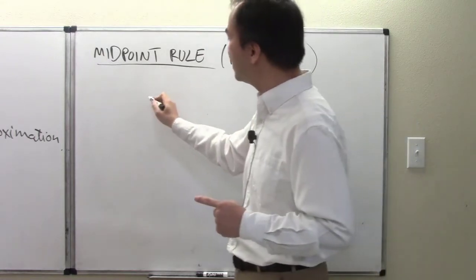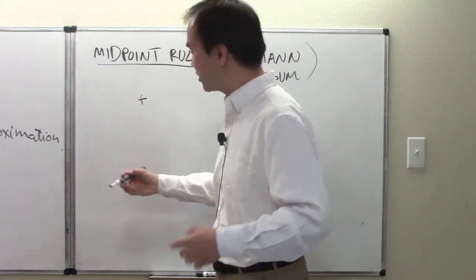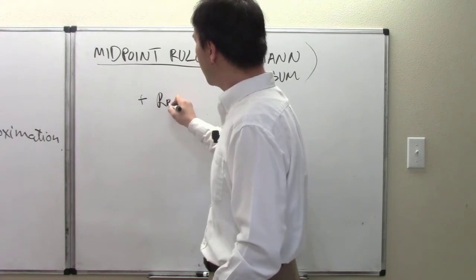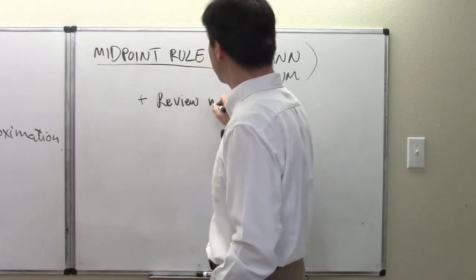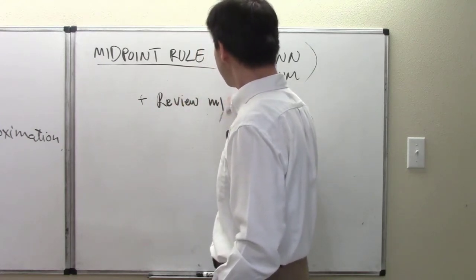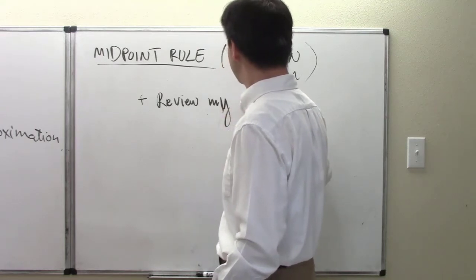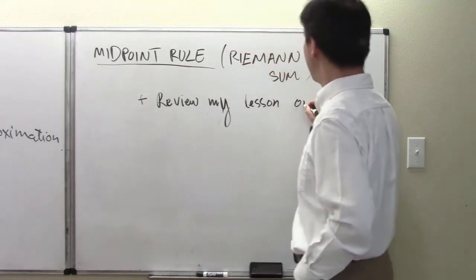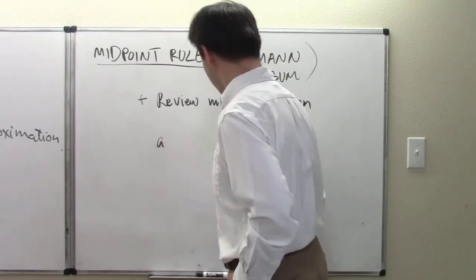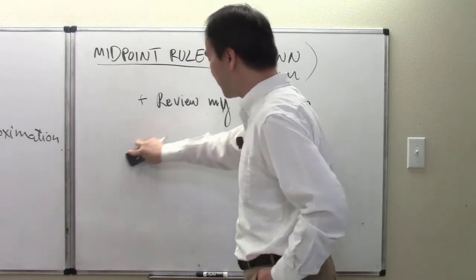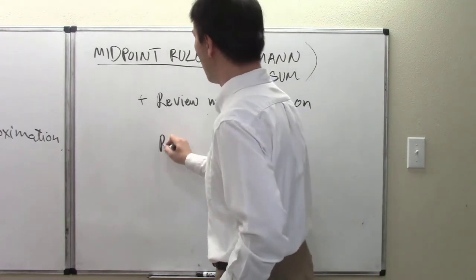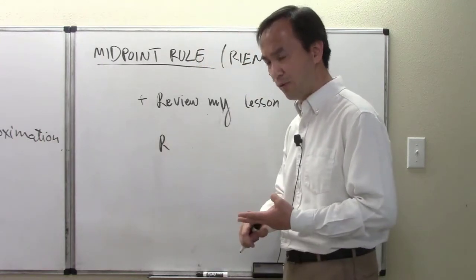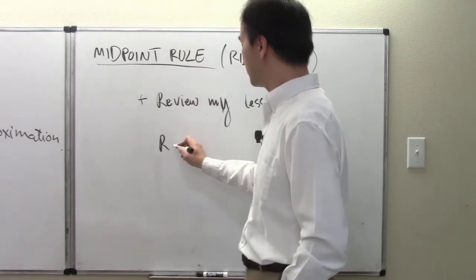So here I only need my students to review my lesson on Riemann sums, because within all of my video lessons for Riemann sums I went over the left endpoint rule, the right endpoint rule, and the midpoint rule.